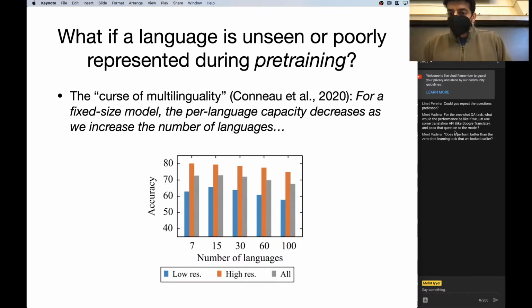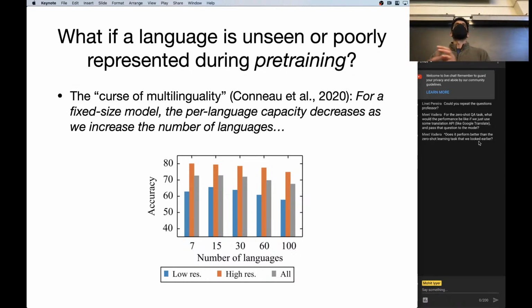There's a question about the zero-shot QA task: what would the performance be like if we just use some translation API and pass that question to the model? I'm not sure, although I will say that the output format for that task is specific to the particular text in the original language. So you would have to translate the passage using Google Translate, apply some English model to get the answer span, and then find the right alignment of that span in English to the passage in the original text to get the answer.